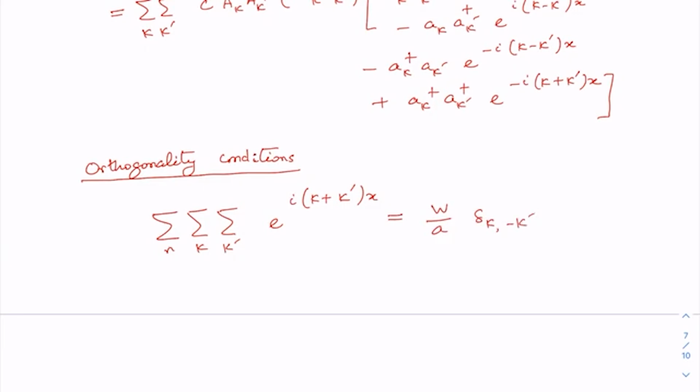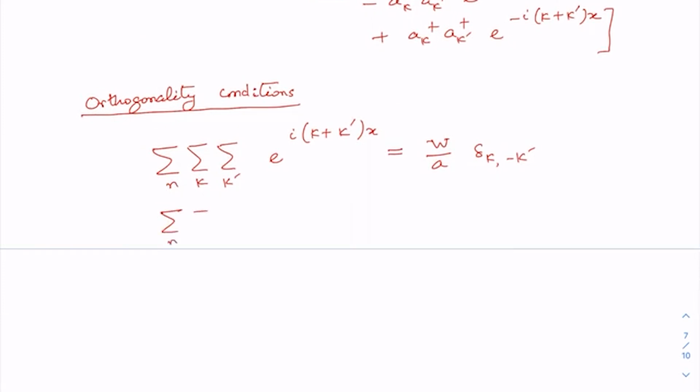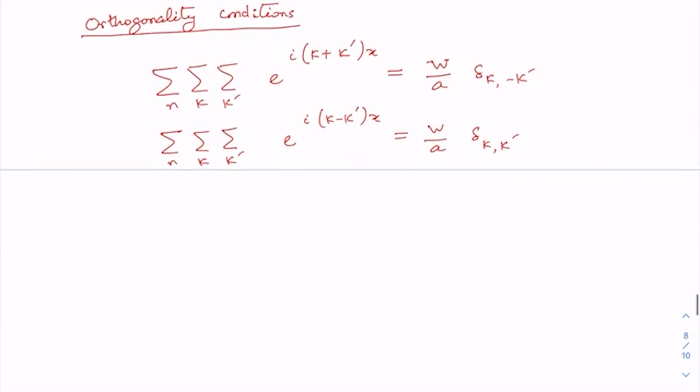That means when k is equal to minus k dash, we will get 1 here, and then the sum over n will give you the total number of cells, and that is N by a. Similarly we will have another condition: sum over n of e to the power i(k minus k dash)x equal to N by a delta k minus k dash. These are the conditions that we are now going to exploit.